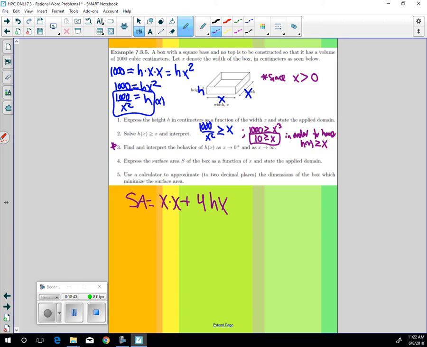Now I'm just going to say that we're thinking this in terms of amount of metal or cardboard or whatever. We're not looking at the front and the inside and the outside of the box. I'm just looking at the material for the base, material for the 4 sides. So that surface area is going to be x squared plus 4. Now h is 1,000 over x squared, and don't forget to multiply by x. So that's just 4,000 over x.